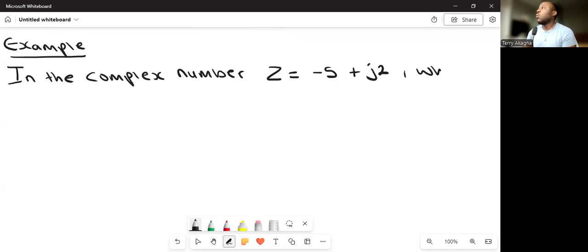And we are now told to find the real and the imaginary part.